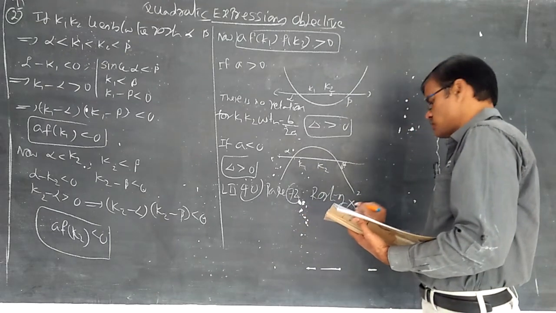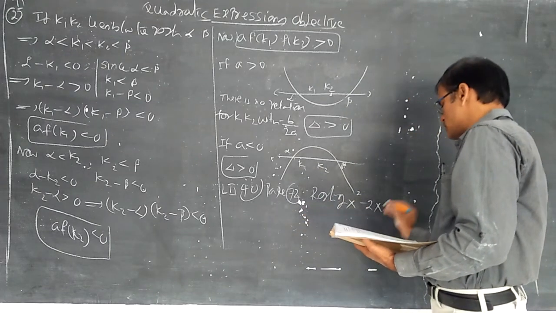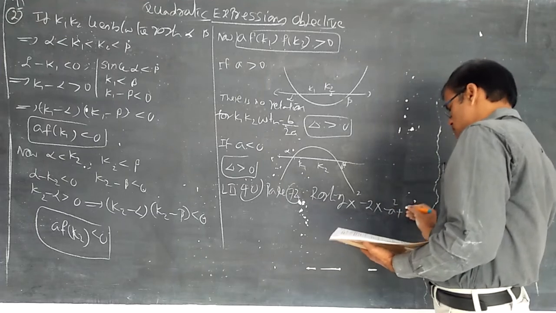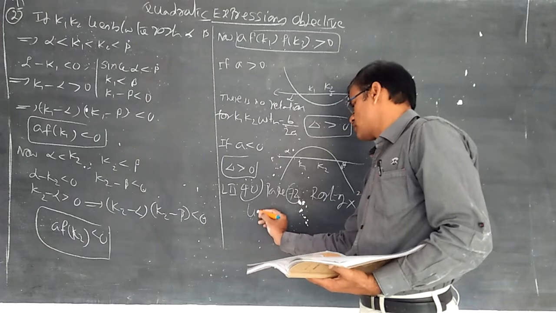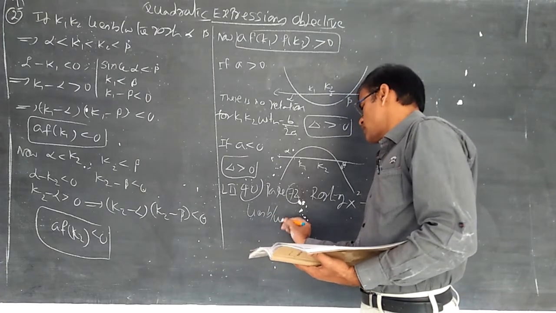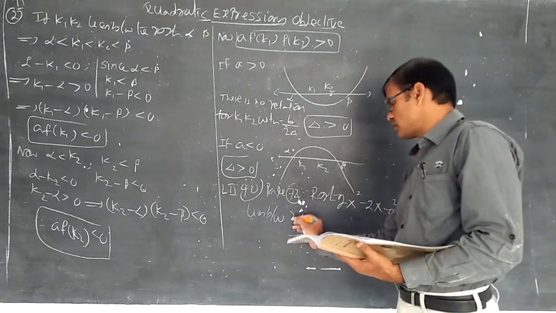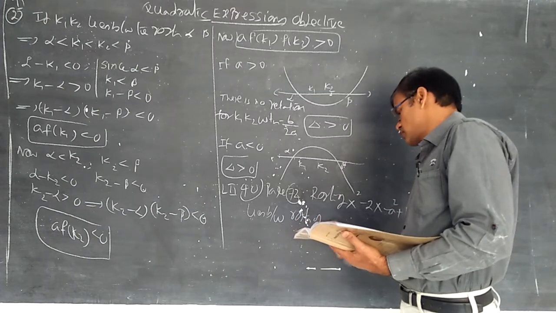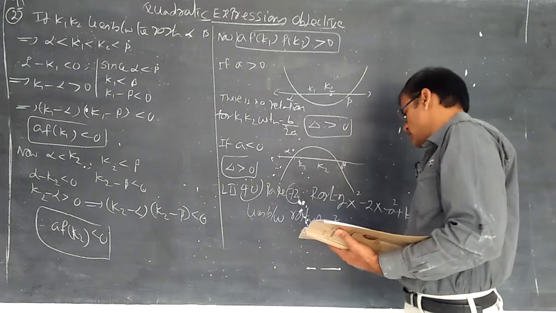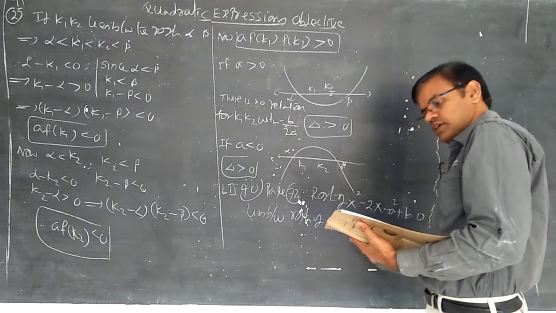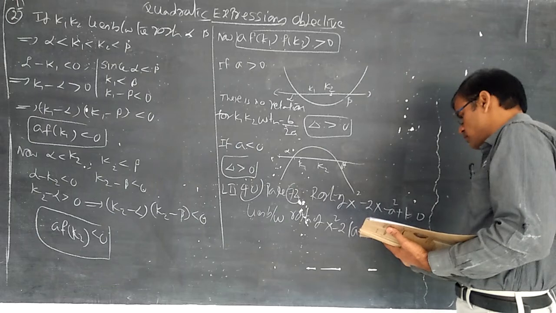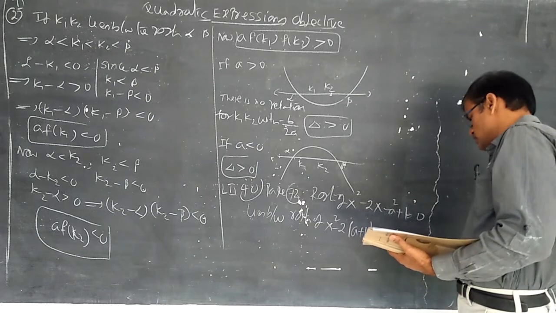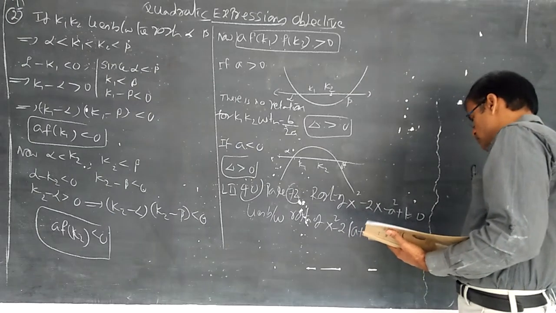Roots of x square minus 2x minus a square plus 1 equal to 0 lie between the roots of the second equation, x square minus 2 into a plus 1 into x plus a into a minus 1 equal to 0.